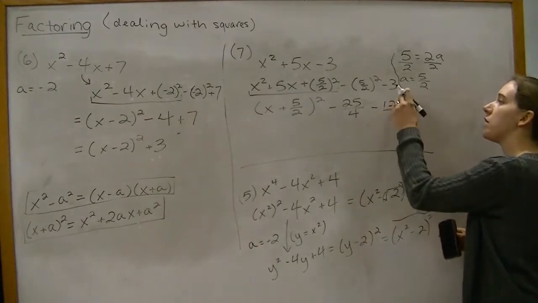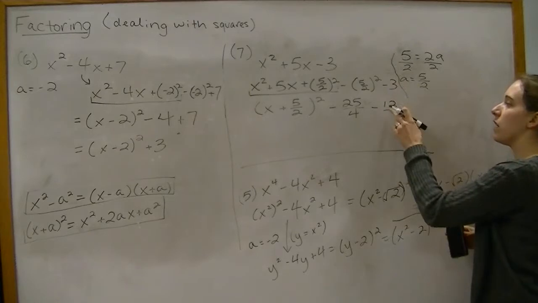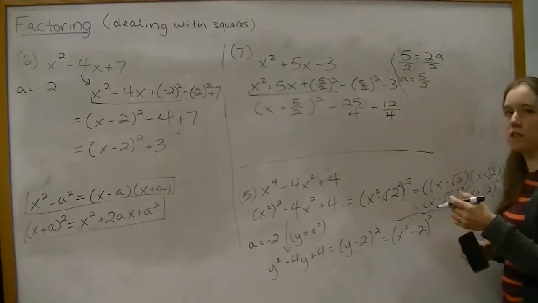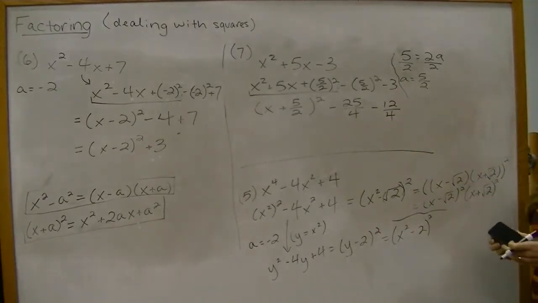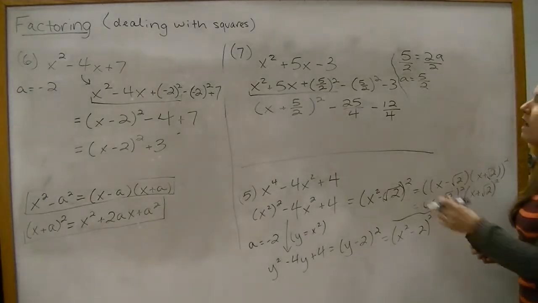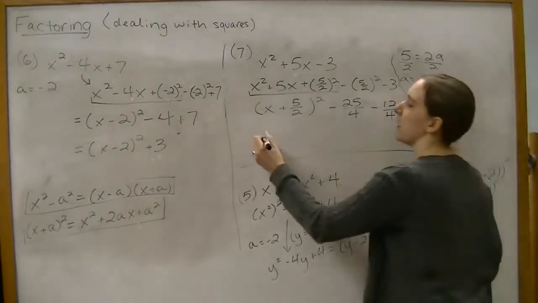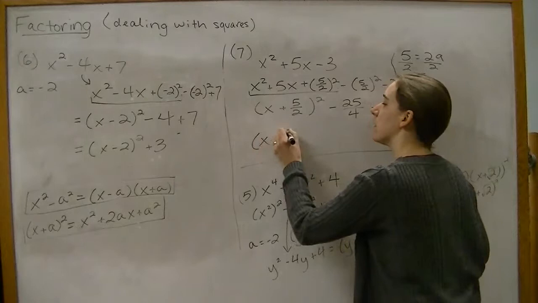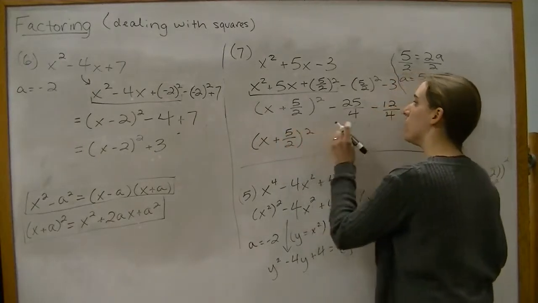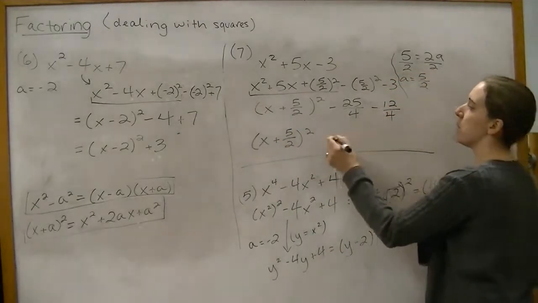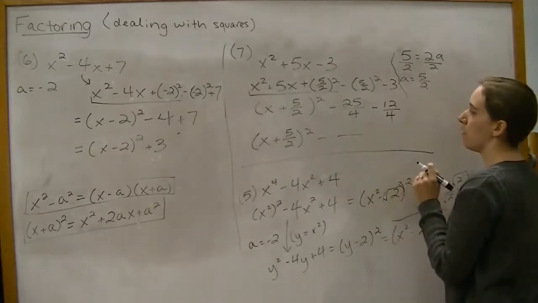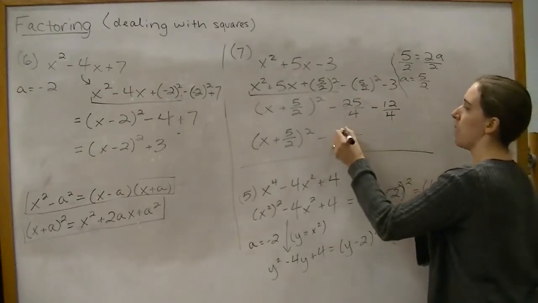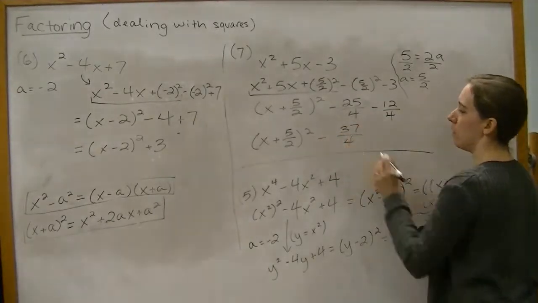So 3 times 4 gives me 12, and 3 is just 3 over 1, so 1 times 4 is 4. So now I have a common denominator, so I can actually subtract these. So 25 minus 12, all over 4, is going to be minus 37 over 4.